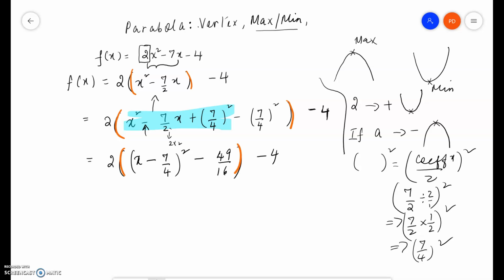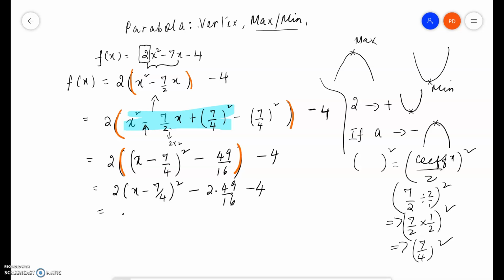Note these parentheses. So now we are almost done. We go 2 times x minus 7 over 4 the whole squared minus 2 times 49 over 16 minus 4.